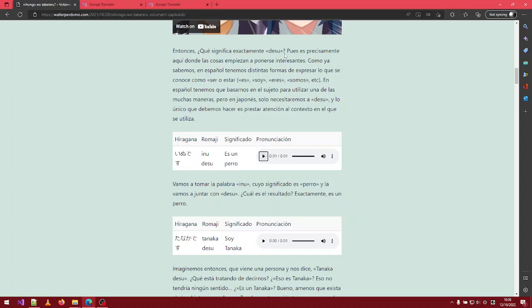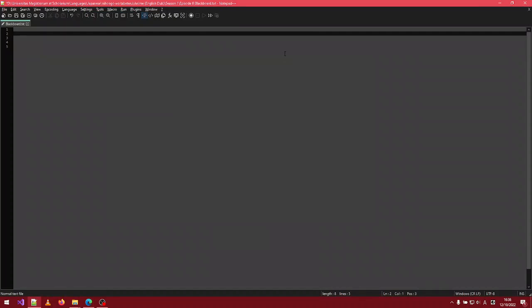So des, it's a dog. It's very simple. So maybe we can point out a dog with our finger, and we can say inu des. It's a dog.